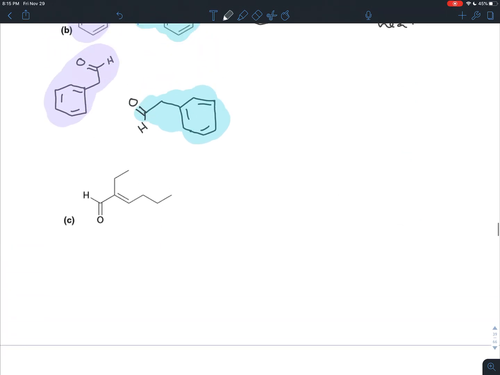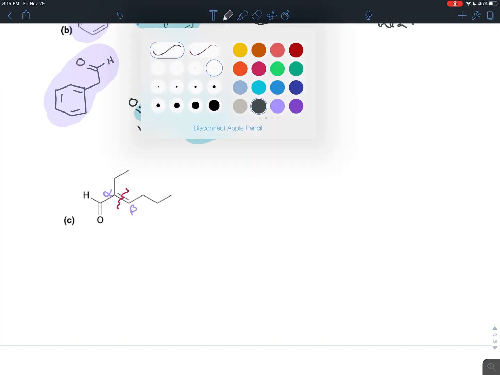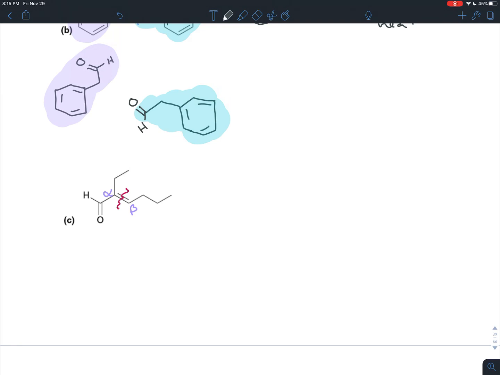Okay, let's try it one more time with C. So what you want to do is look for the alpha-beta unsaturation. You have your carbonyl carbon, next to that is your alpha carbon, and then one more down, that's the beta carbon. So draw a squiggly line through that unsaturation. We're going to draw each part of the molecule on either side of that separately.